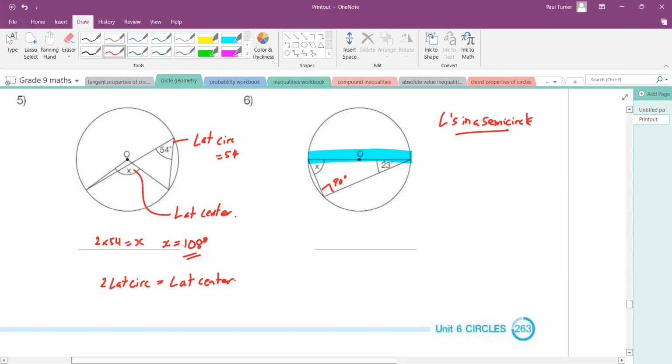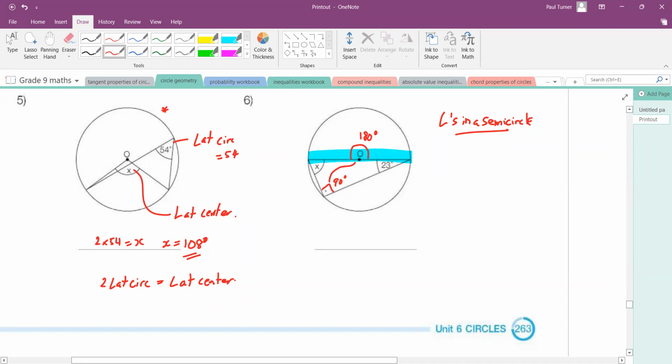So when you have a diameter line, these two chords will form a 90-degree angle here. And we remember that this angle is 180. So using the same rule as in question 5, this angle must be half of this angle. So it makes sense that this would be 90.